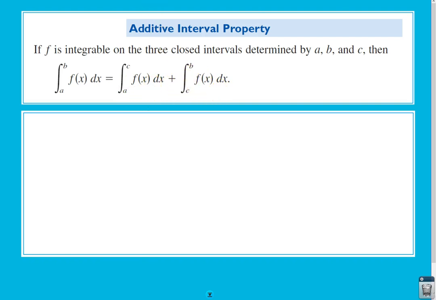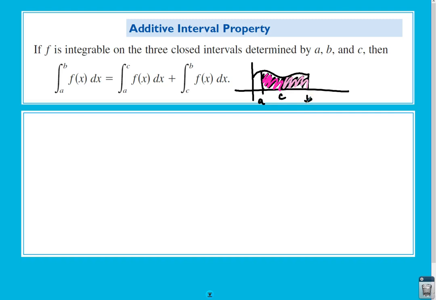What? Here's my function. Here's a. Here's b. Here's c. The area of all of this is equal to the area of this plus the area of that.